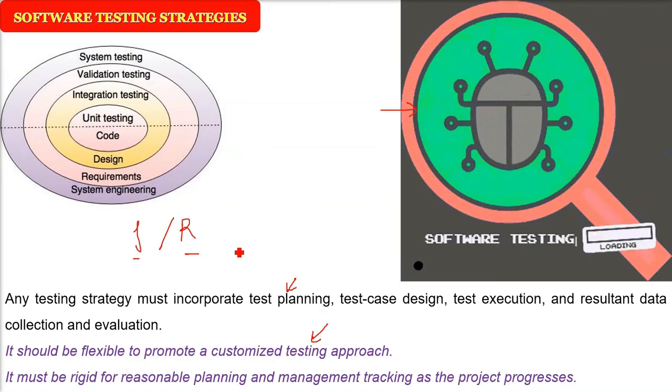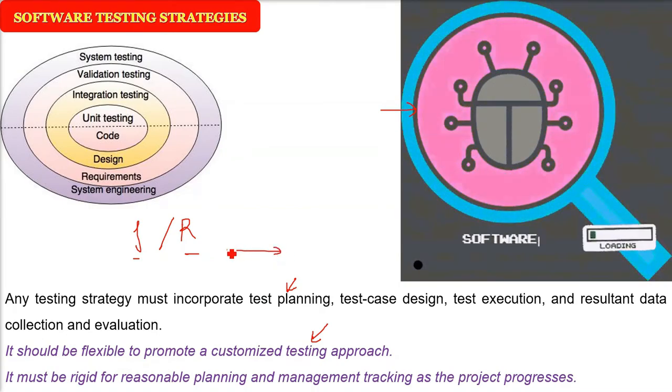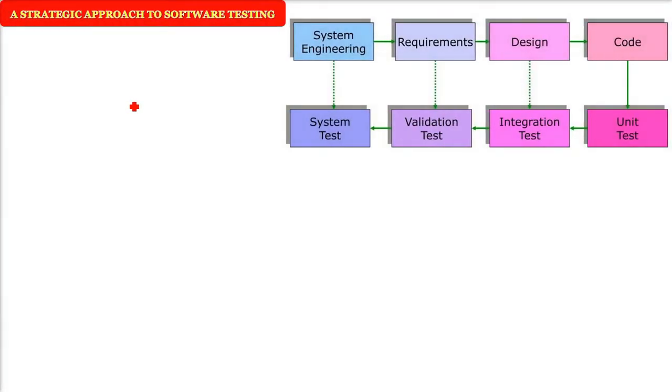Most of the time we have unit testing, followed by integration testing, followed by validation testing, and finally system testing. And these are all based on certain software development life cycle phases.